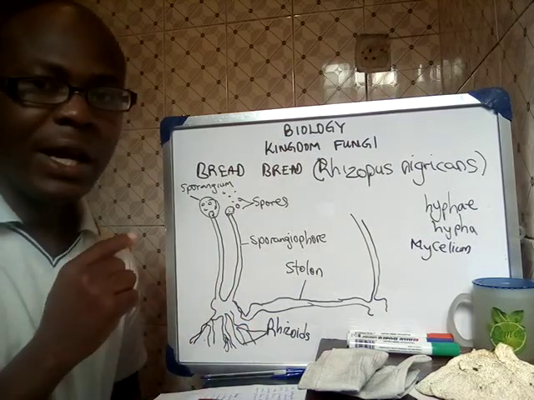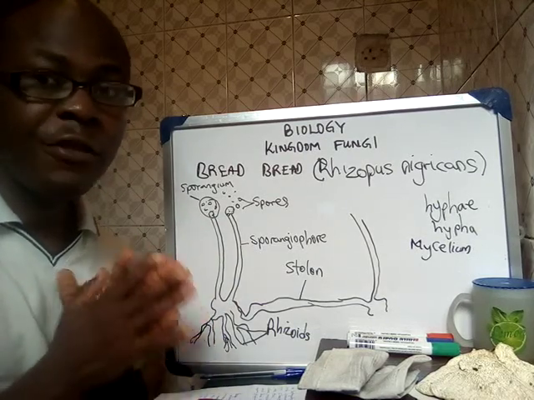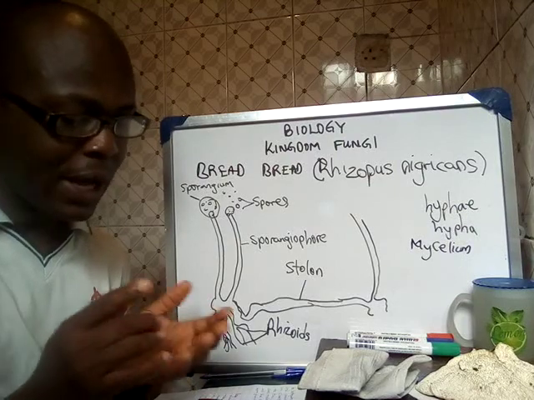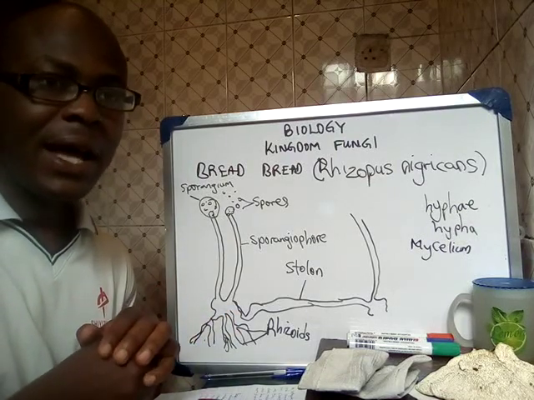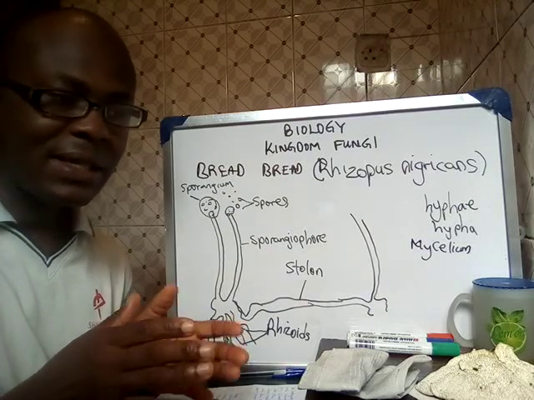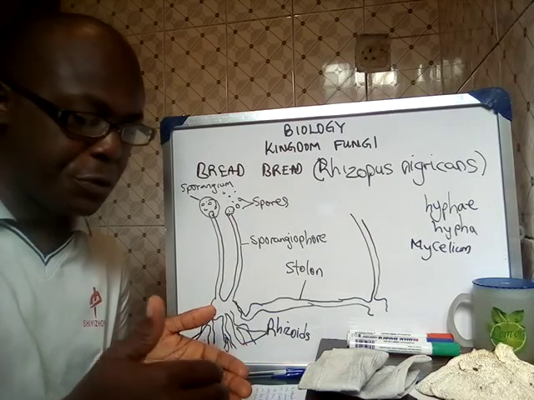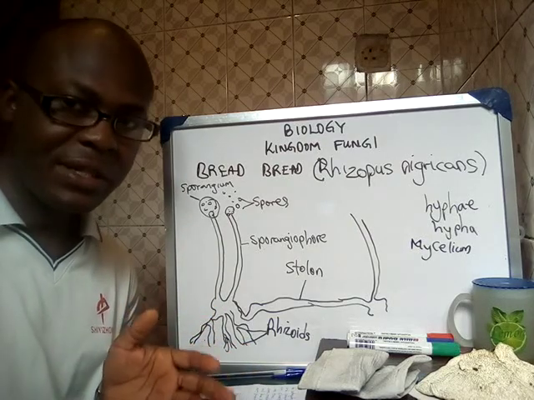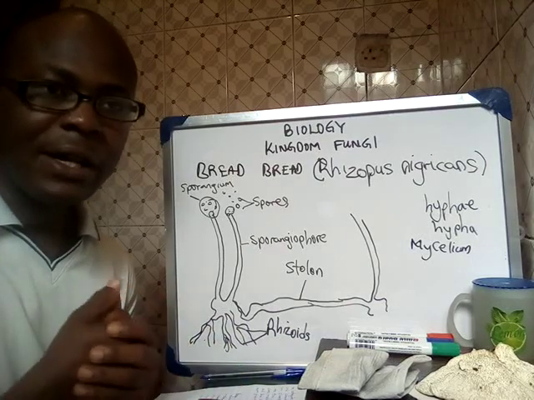Yeast and fungi generally are of great economic importance. One, they cause harm. They can cause diseases. Another important thing about them is that they are decomposers. So they help to decay organic materials. They help in biodegradation of organic materials.